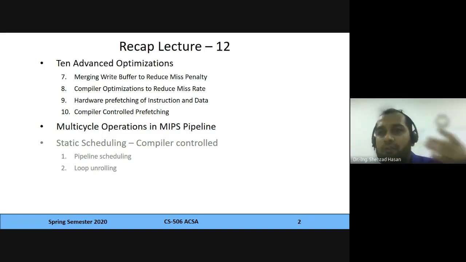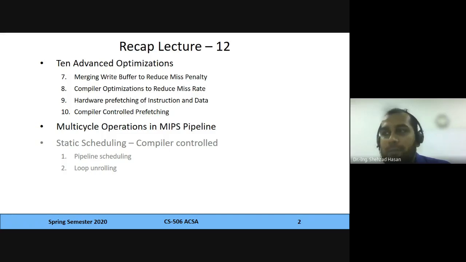But if you merge the write buffer, and these four entries can be merged together, then they are all going to occupy a single entry, and you have space for three more entries. So the fifth one is not going to result in stopping the processor. The processor can continue because the write buffer has got free entries. So this optimization is about miss penalty.